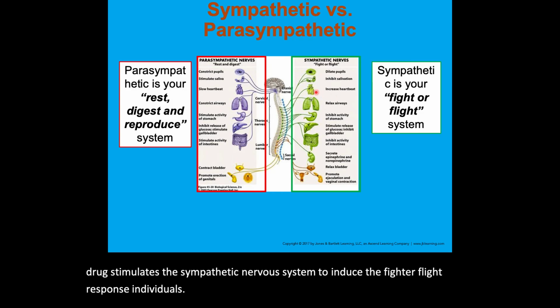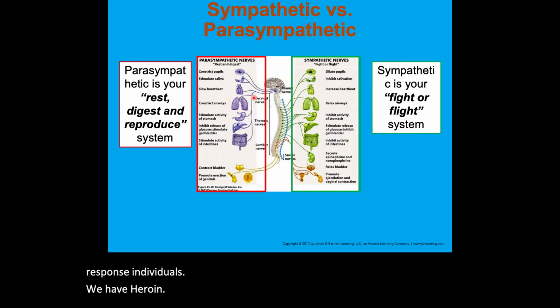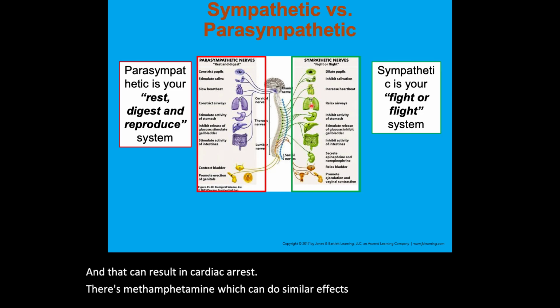We have heroin that can shut down the airway, and that can result in cardiac arrest. There's methamphetamine, which can do similar effects, increase heart rate, will relax the airways, will dilate the pupils a little bit.